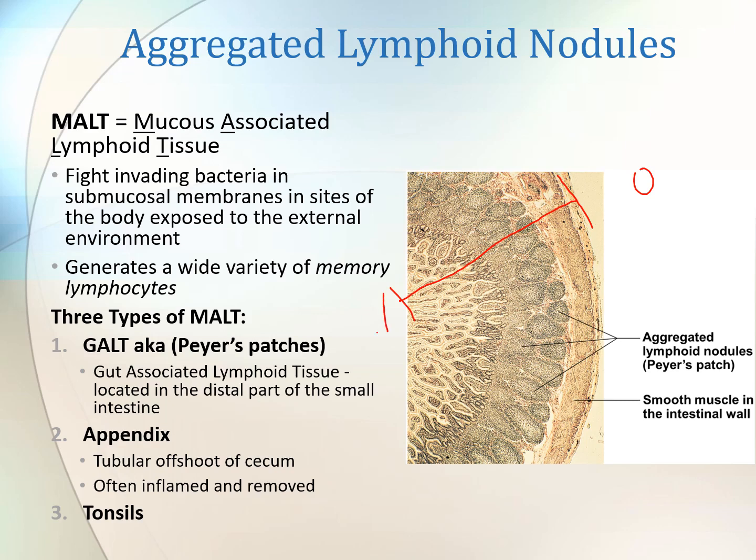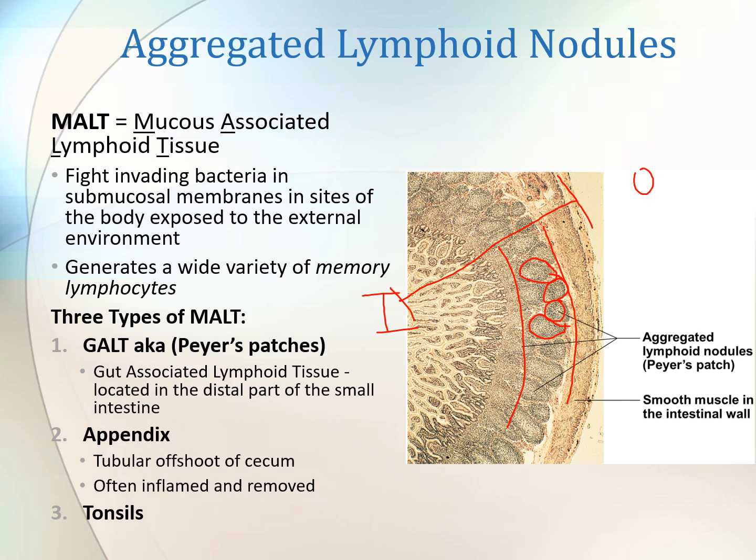If we look, we have a cross-section of the wall of the small intestine. Okay, this is outside, this is inside, the small intestine. Then we have this region here that's kind of dark with these dark nodules, these dark circles.